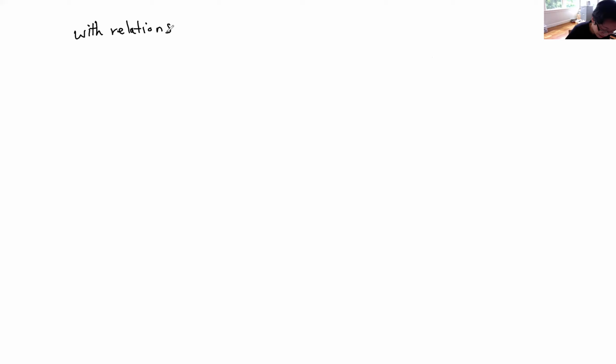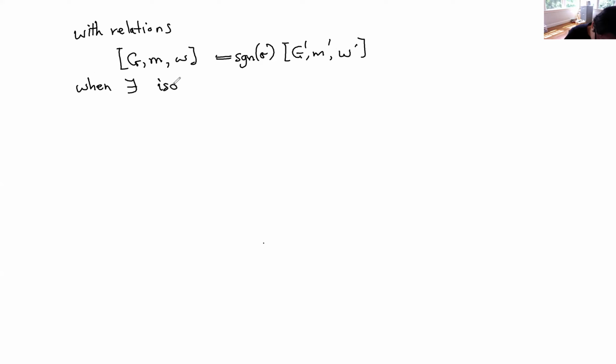Whenever there is an isomorphism between Gm and G prime M prime, then we obtain a relation of the following form. So here, we suppose we have an isomorphism from Gm to G prime M prime, maybe F, that relates the ordering of the edges of G and the ordering of the edges of G prime by a permutation sigma.